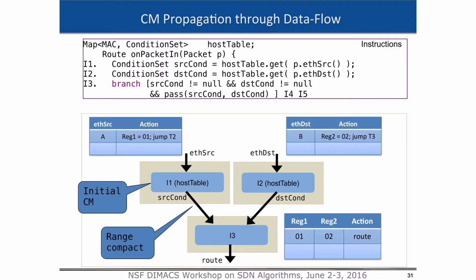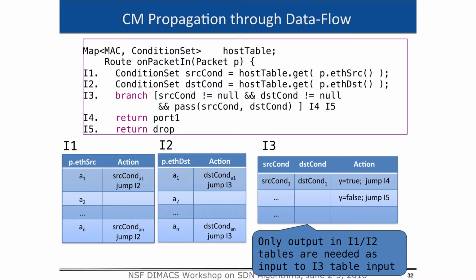But when we construct the flow table and the corresponding entries in I1 and I2, we see that only the outputs of the I1 and I2 tables are needed as the inputs to I3, which is all k possibilities in the hash map. So by identifying compact-mappable instructions, we can successfully reduce the size of each flow table.